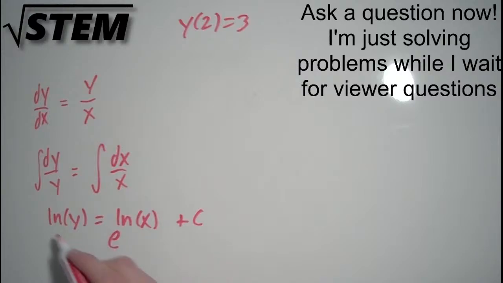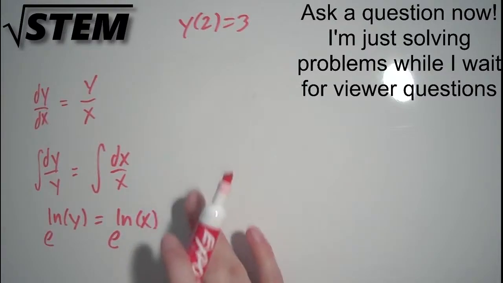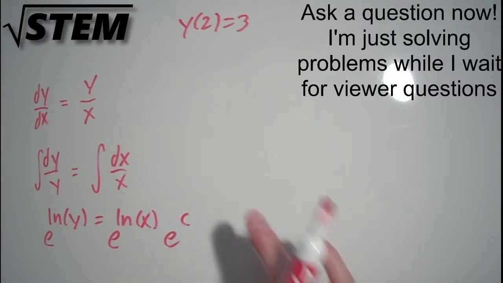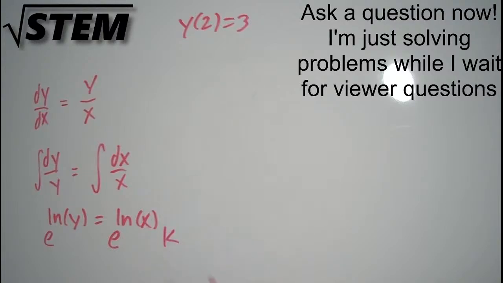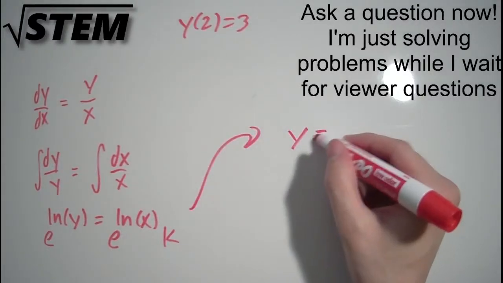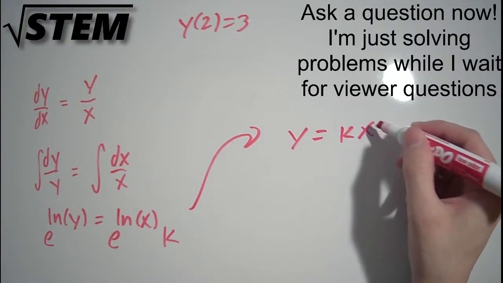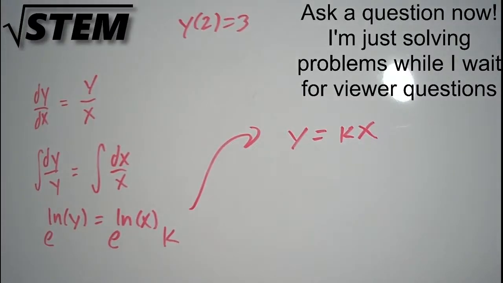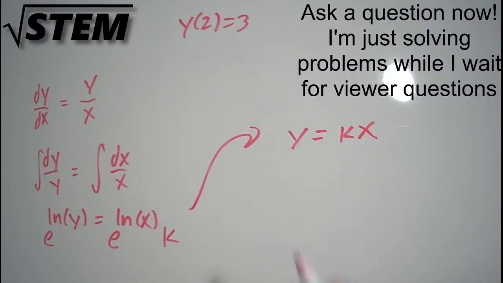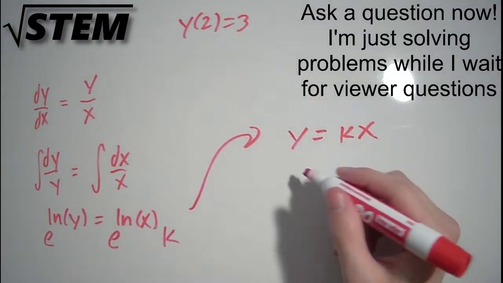Then we'll exponentiate both sides. E to something plus something is e to the first something times e to the second something. So we'll just call that some constant k. And e to these things will cancel out. So we'll get y equals k times x. Or it's just going to be a straight line, where k is the slope. Now we can apply our initial condition.